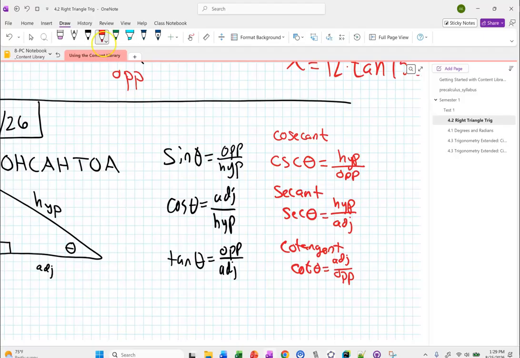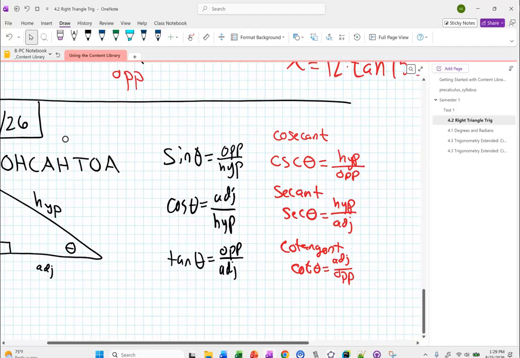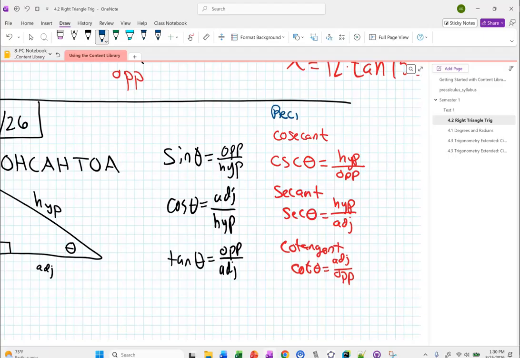Now, if I look closely and I compare the ratio for sine and cosecant, what do you notice about those 2 fractions? We have opposite over hypotenuse and then hypotenuse over opposite. You just flipped it. Yeah, there's a math word for when we flip a fraction. What's that called? Reciprocal, yeah. So oftentimes these guys are called the reciprocal trig functions.